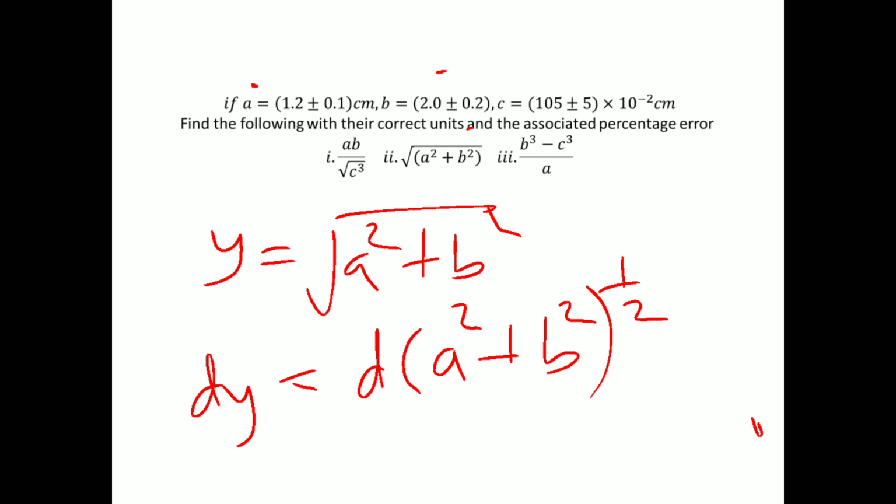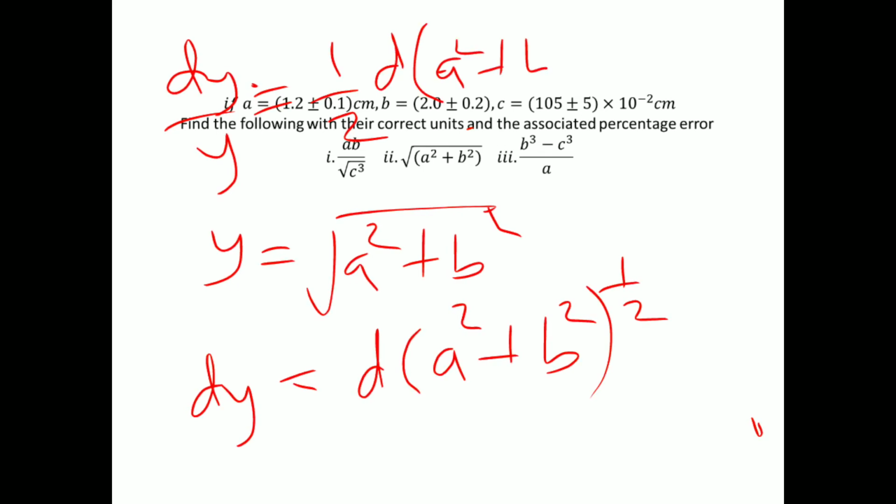Sorry, it should be dy. Okay, changing that. So based on what we have, the relative error in y should be equal to half times the error in a squared plus b squared, all over a squared plus b squared. That's what that should be.